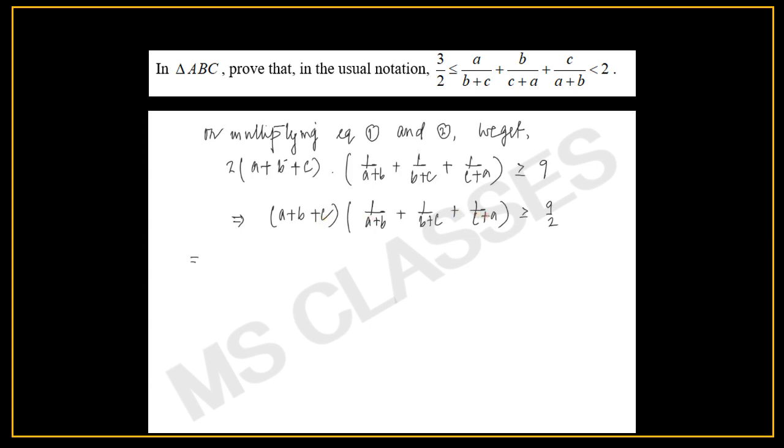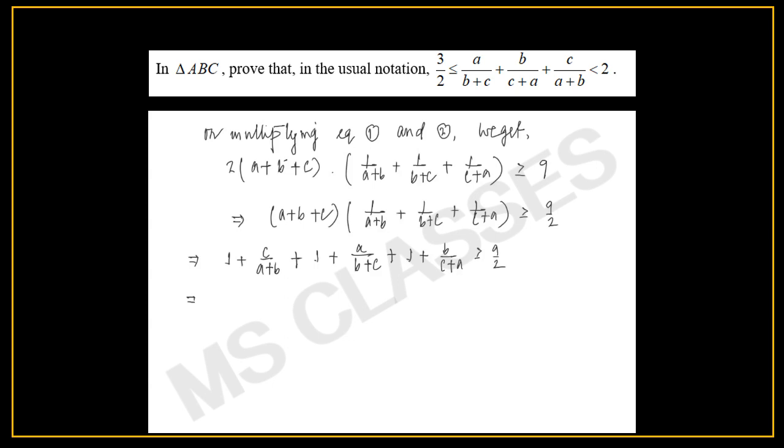Then what we get? a plus b by a plus b is 1, plus c by a plus b, plus b plus c by b plus c, that is 1, plus a by b plus c, plus c plus a by c plus a, 1, plus b by c plus a, greater than or equal to 9 by 2.